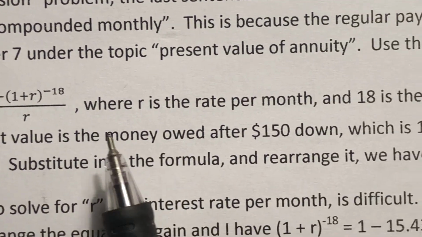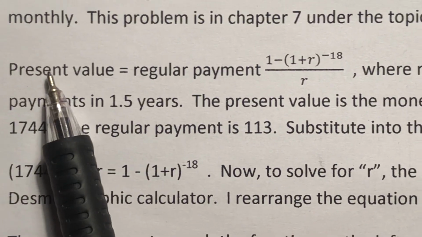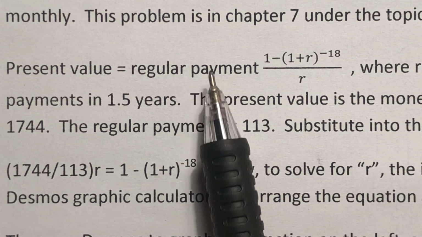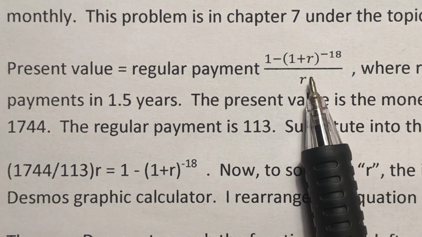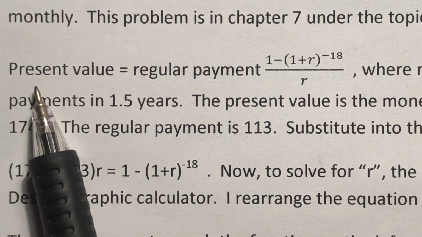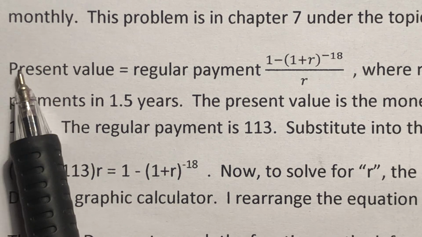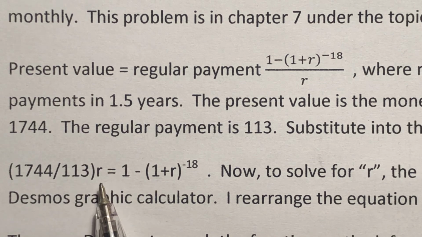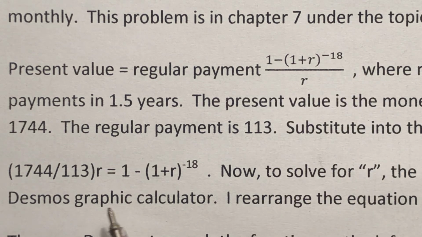After you put in the numbers, I rearranged it. I multiply the r to the left-hand side. I already substituted the values into the formula. So I have this, and this should equal to this.